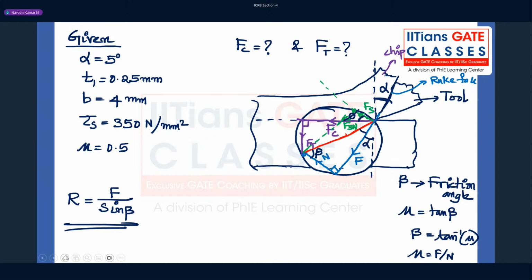I will write R here, and here this is 90 minus beta. If you see, this purple line and this dotted line are 90 degrees apart, and I want to find this angle here, and that angle is beta minus alpha. If you do the calculation, you'll get it. This angle is 90 minus beta. You can do the calculation if you want.